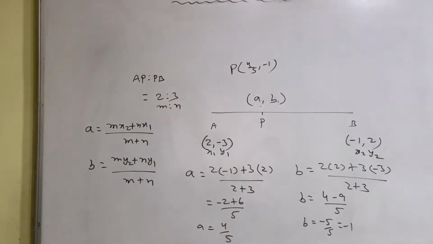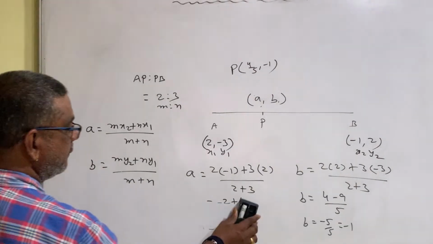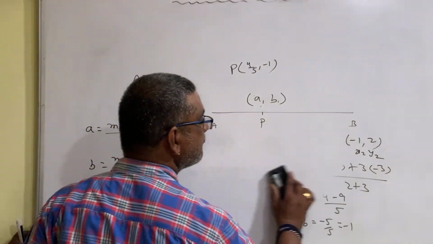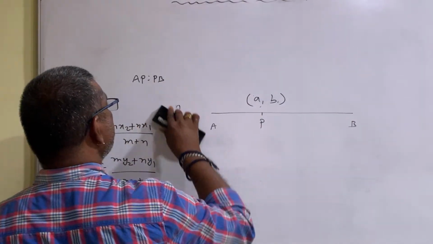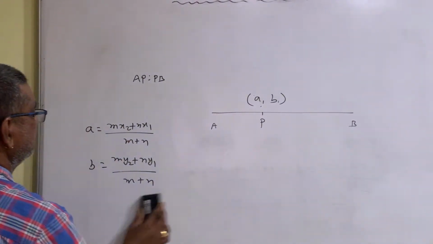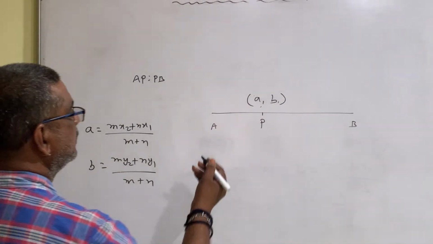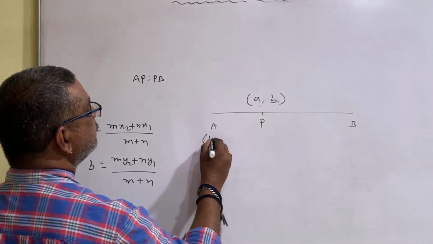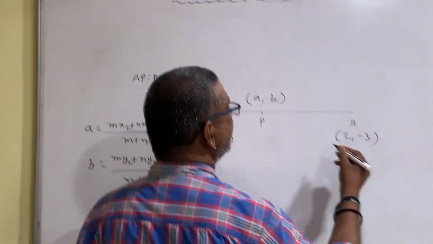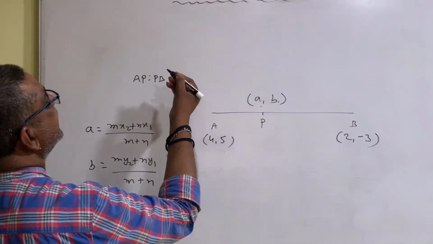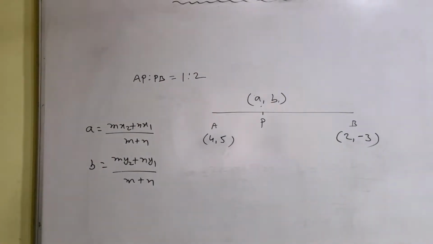One more problem we'll see. This is 4 comma 5, 2 comma minus 3, and the ratio is 1:2. Find out the coordinates of P, children.